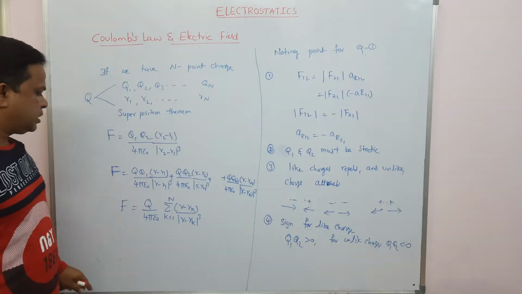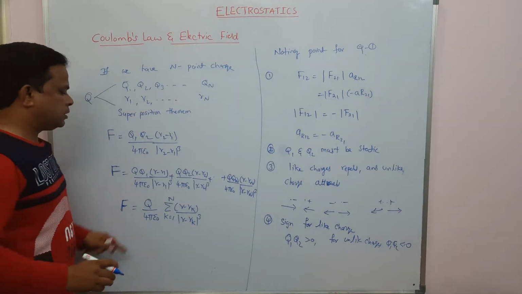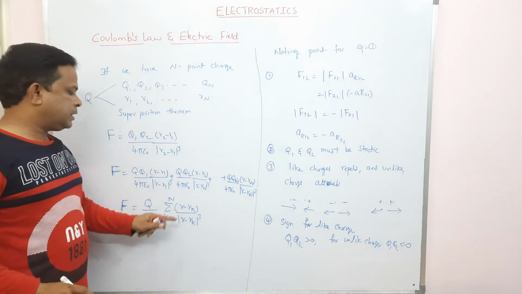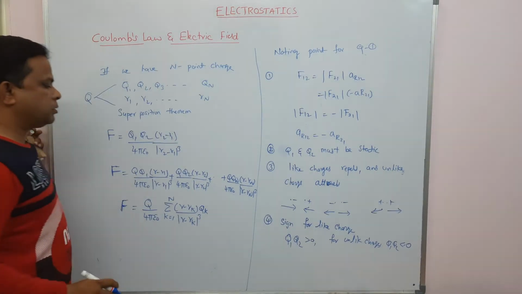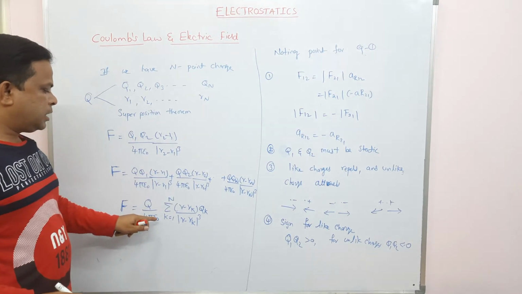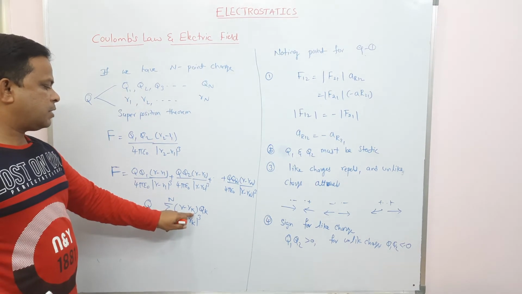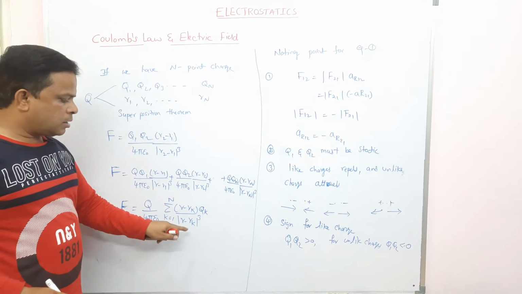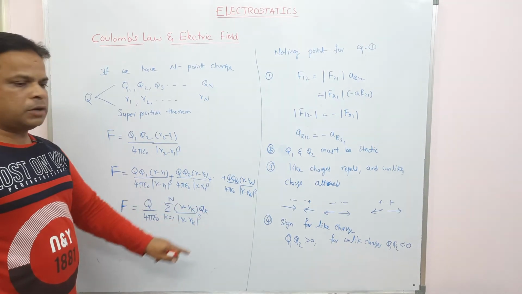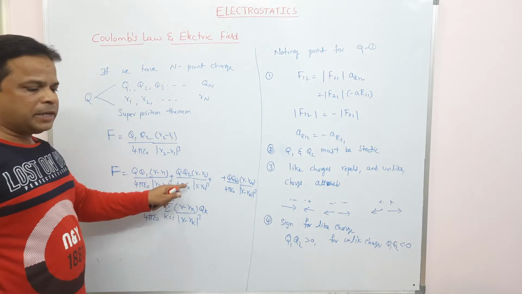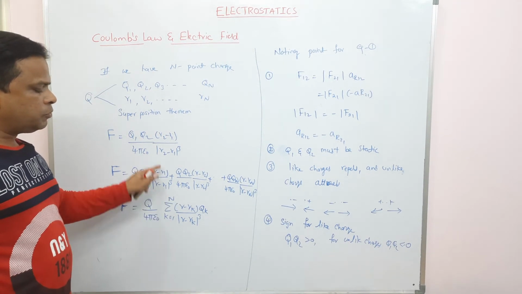This is the equation which I get after calculating the force for n number of charges. Here I have to write qk also; I forgot to write the qk, because if I take k equal to 1, I get q1 times r minus r1 by mod of r minus r1 whole cube, and so on. So this equation gives the same result after expanding k equals 1 to n.